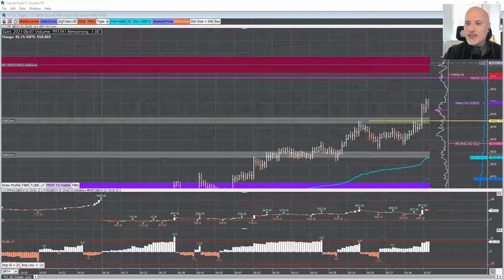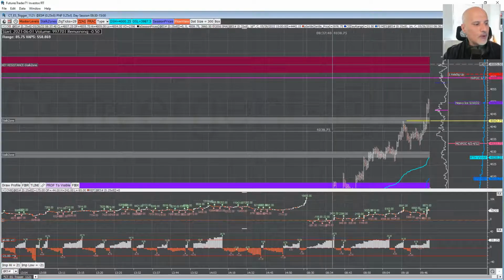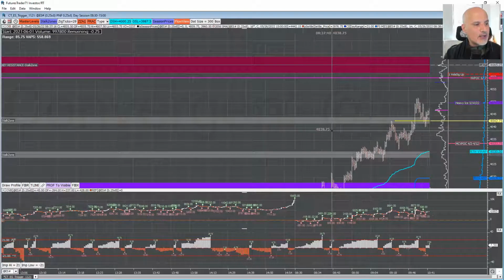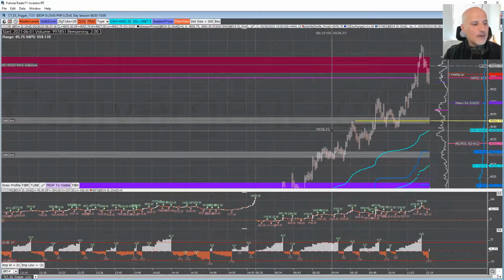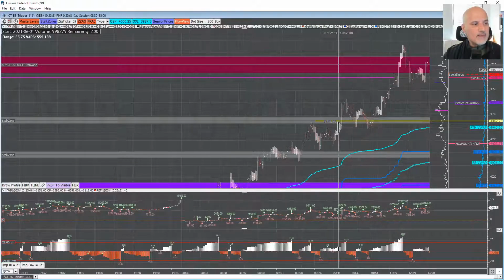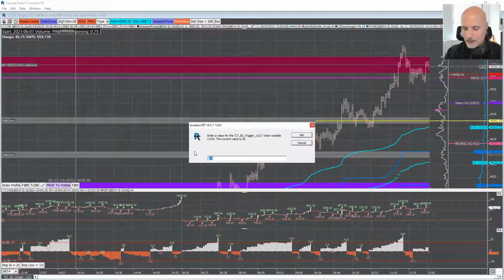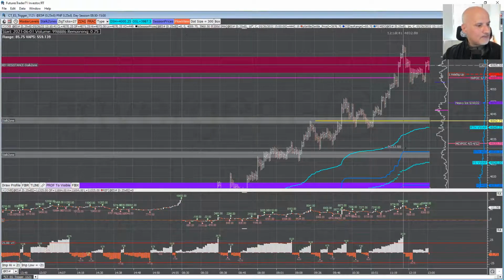So the rotations are very positive. If I scrunch this, you'll see that the white rotations after the thing started running are bigger than the red rotations. As long as that continues, the bias is higher, and it's continued to be that up until this moment. In fact, this should be 27, not 29.